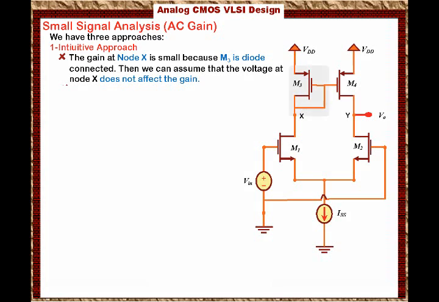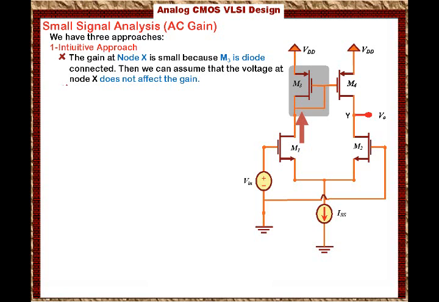What does that mean? Well, remember that this transistor is diode connected. That means the output resistance looking into this transistor is 1 over gm3 in parallel with small ro3. But usually small ro is much larger than 1 over gm, so we neglect the small ro.